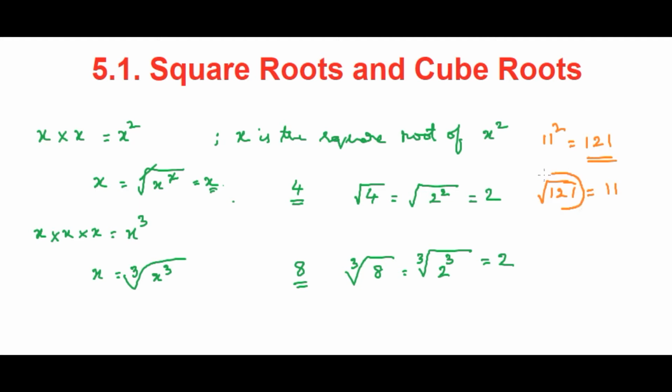Anywhere square root of 121 appears, we can simply write 11, if we know 11 square equals 121. That should be remembered at least for 20 or 30 numbers. So let's move forward by solving some examples. Only these two are the basics to be known for this lecture. So let's move on to the problems.